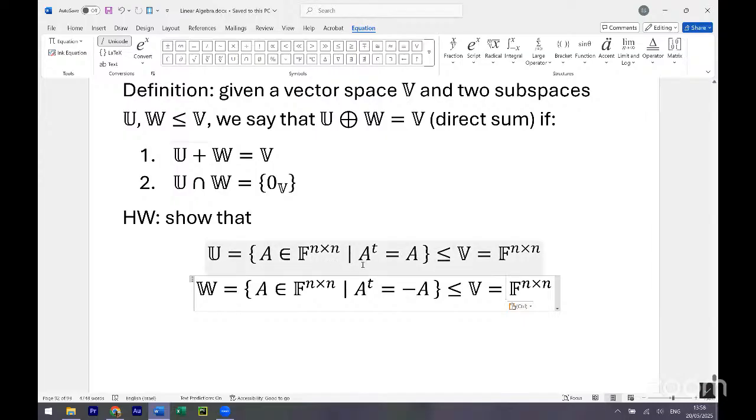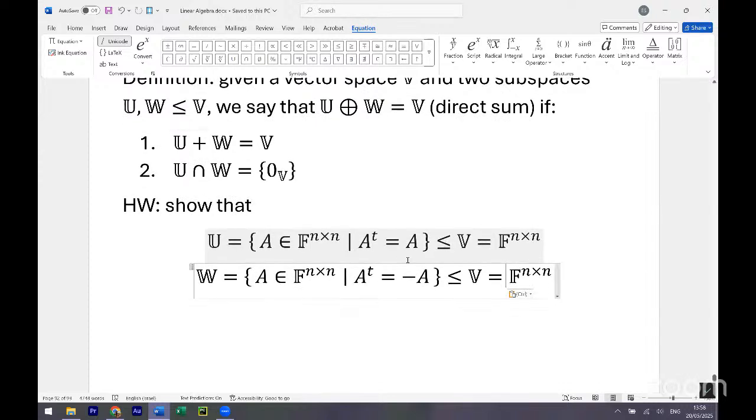You need to prove that this is a subspace. Actually, in order to prove that, you don't even have to understand it's a space. You just ask: is zero a symmetric matrix? The zero matrix is symmetric? Yes. Is the combination of two symmetric matrices also symmetric? Yes, obviously.